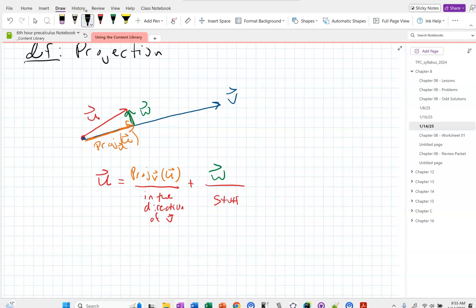So this projection idea is really useful, especially in the field of physics, when we talk about force application, right? If your car's stalled and you put it into neutral and try to push it, what do you end up having to do? You need to lean into the car to really get it to move.